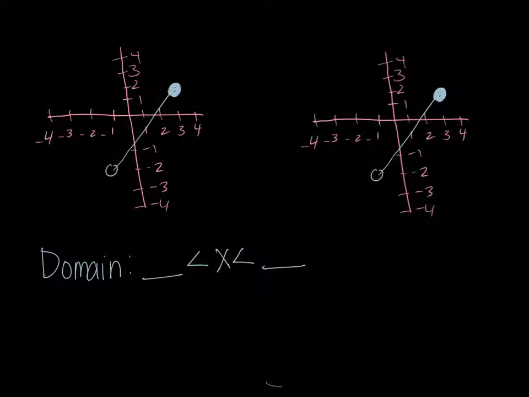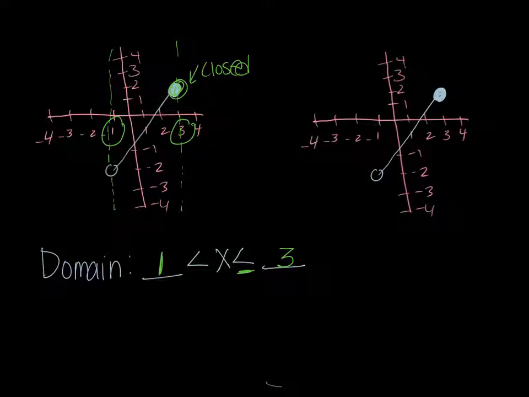My domain is my X value, so I'm going to make a vertical line on each side. It hits 1, so I'm going to write 1 right here. And it hits 3, so I'm going to write 3 right here. Now, this one is closed, so I'm going to put a line right here. And that's it. I'm done.